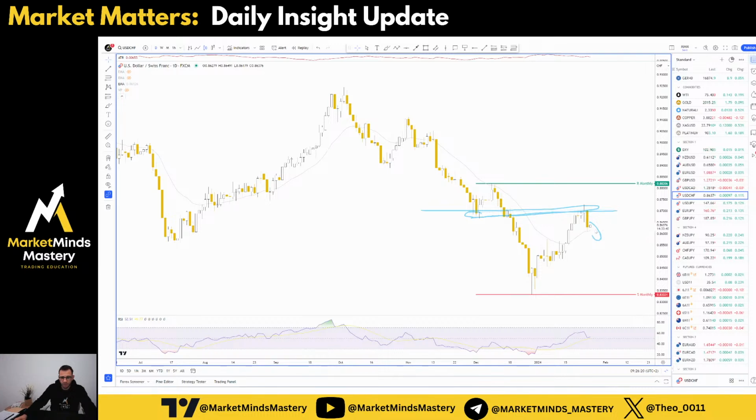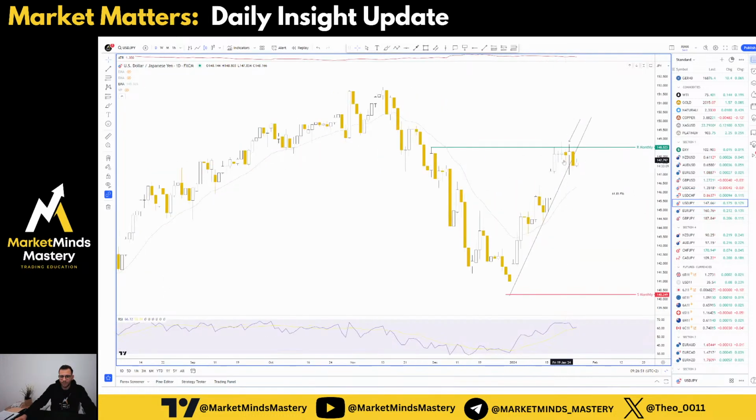In my opinion, if the price moves below the 20-period moving average, it has to necessarily also move below this area here, the SA, because there is a lot of activity here that can cause the price to bounce off. And we don't want to see that. If the price is going to move lower, we want to see the price decline.